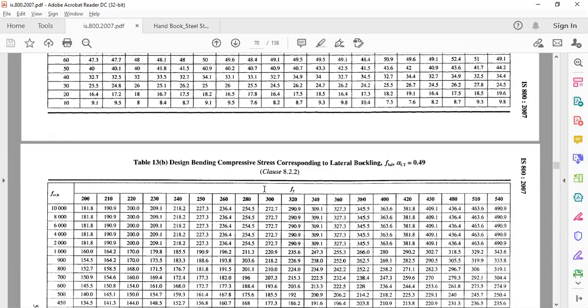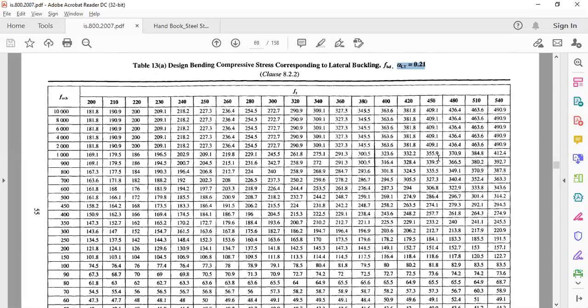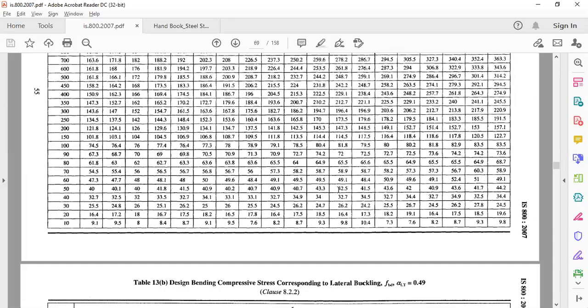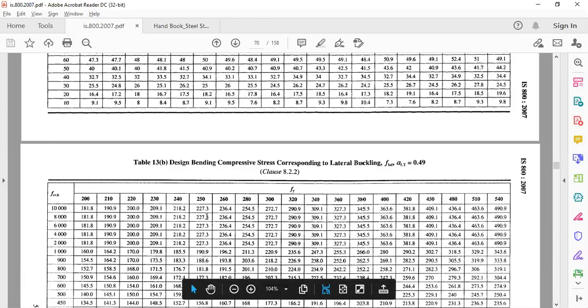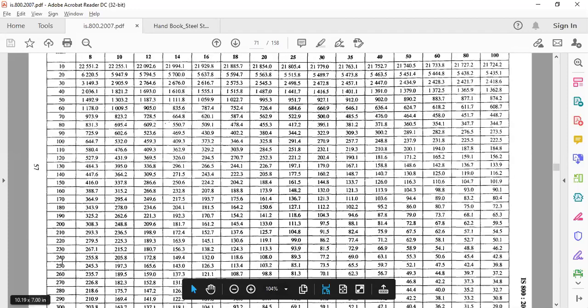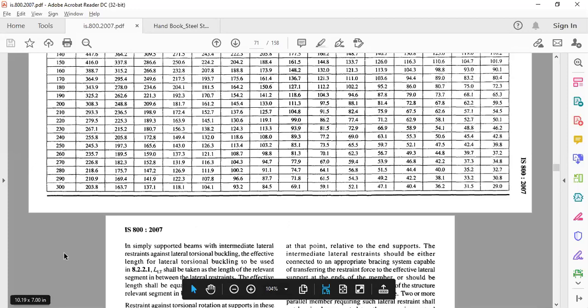So I will move on to the code book IS 800. I am going to assume that my section is a rolled steel section, so for rolled steel section the alpha LT value is 0.21. Before that I need critical stress fcr.